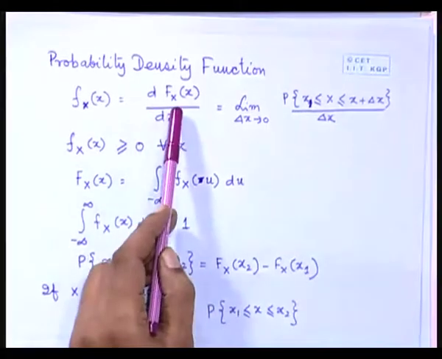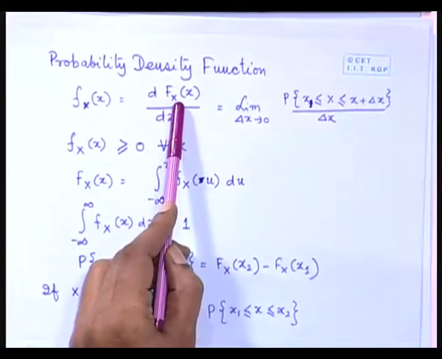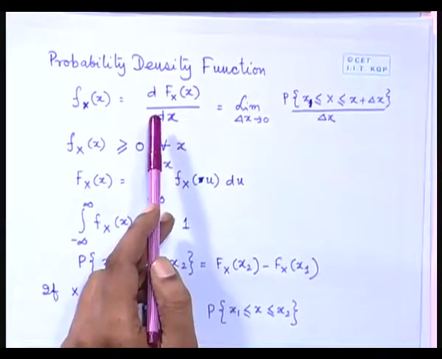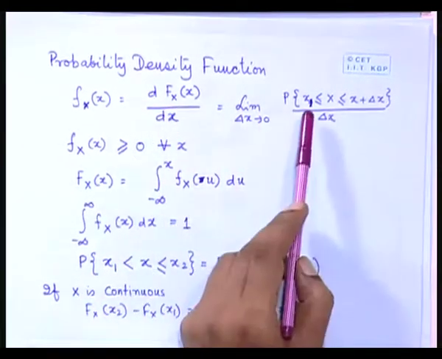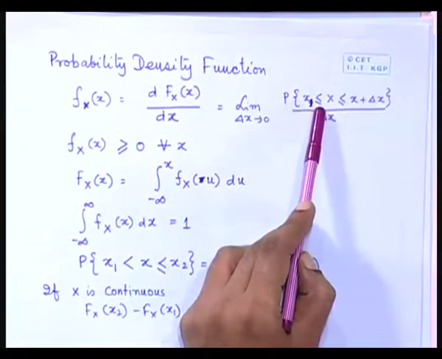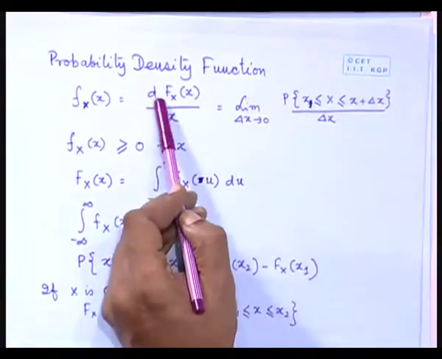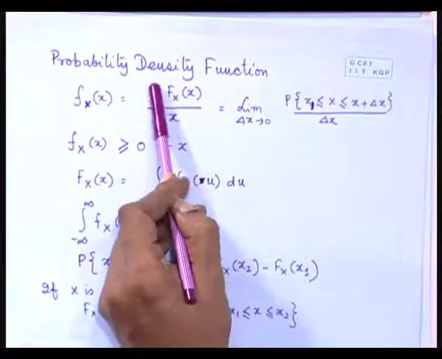Now, let us come to probability density functions. Probability density functions are nothing but rates of change of probability with the value of x. How is it defined? It is defined as dFx/dx.